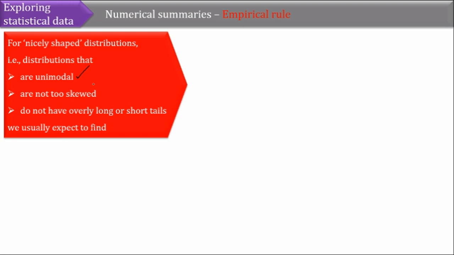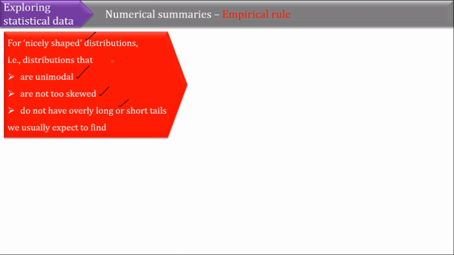Okay, so we have unimodal data. It mustn't be too skewed, and it mustn't have too long or too short tails. Now, the nicely shaped distributions that we usually refer to are ones that are bell-shaped. If you can't remember the bell-shaped, then go back to the measures of location and dispersion to see the different distributions over there.